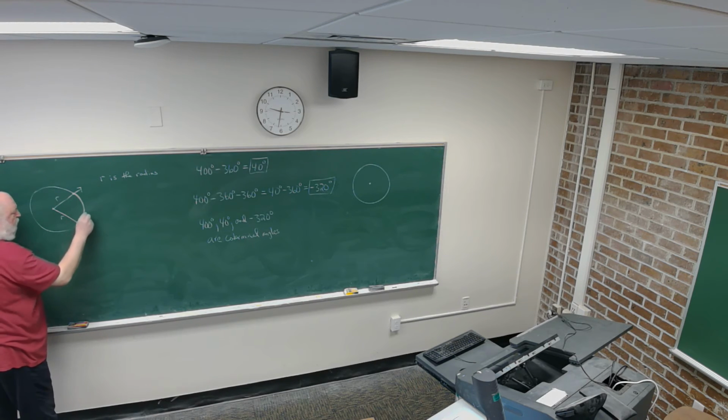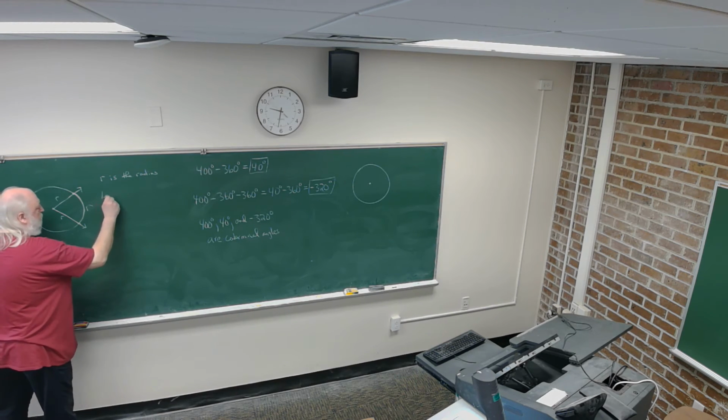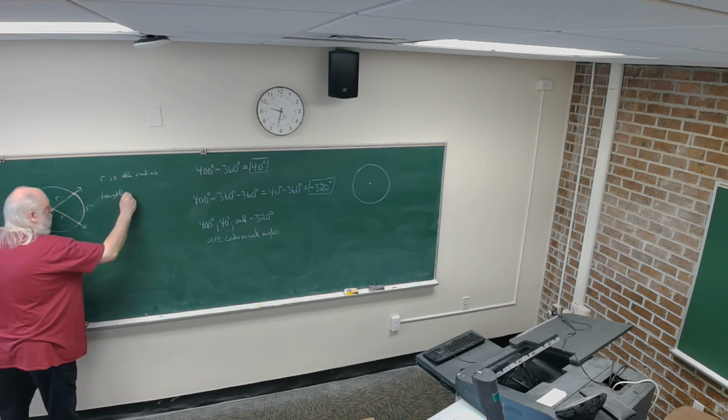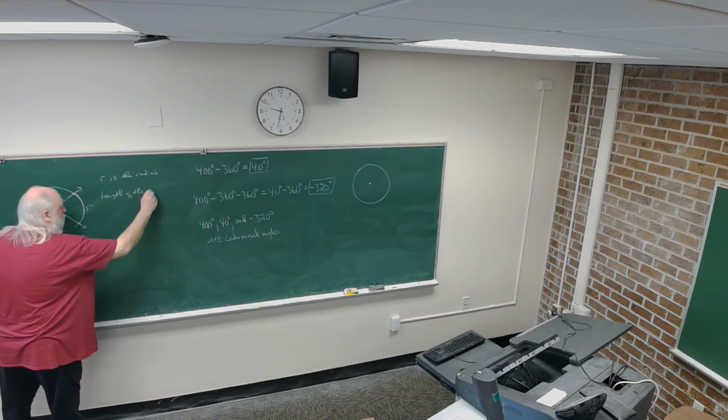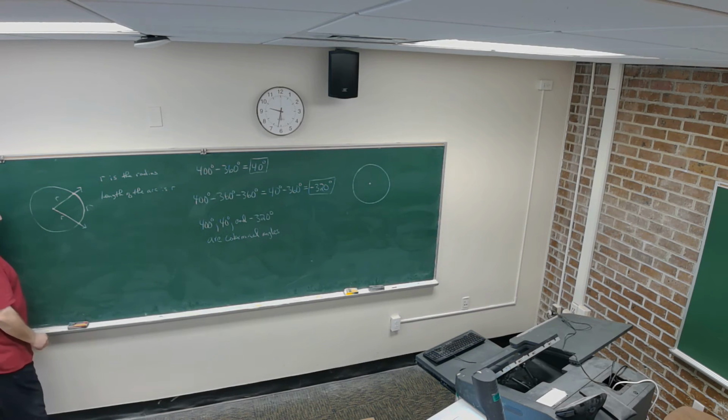If this arc has length r, okay, so the length of the arc is r, then the angle theta formed by these two half rays is equal to 1 radian.